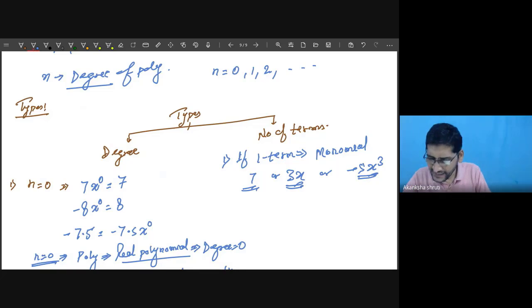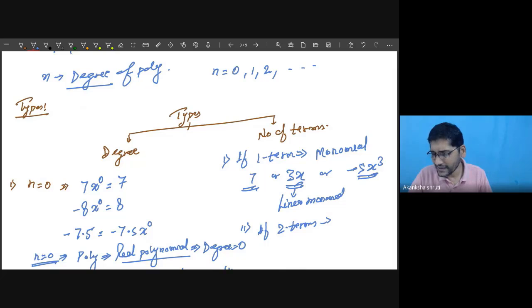So the complete name of this will be linear monomial. Because it is possible that it may contain two terms, like if two terms, then it is called a binomial.